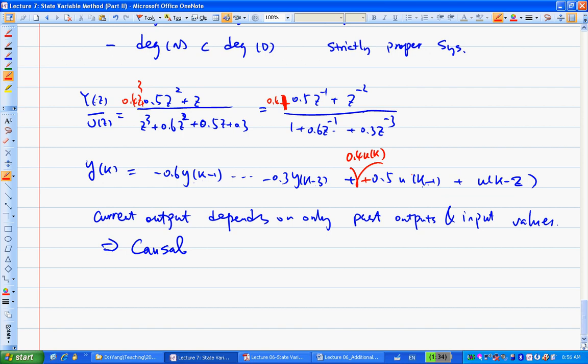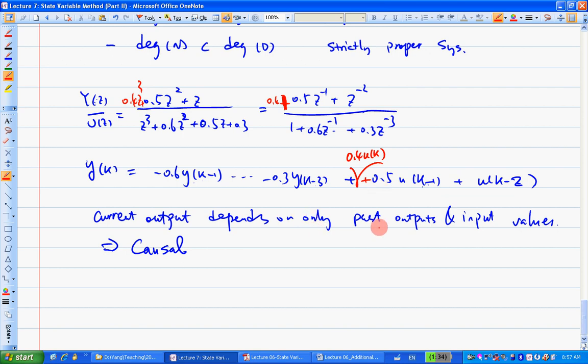And if the system has multiple delays, maybe 2-step or 3-step delays, who knows, it's not going to be just minus 1 here. It could be minus 3, 4, or 5, right? So that's the difference right here. But when I add this 0.4, that's z cubed here, it's still a causal system though.